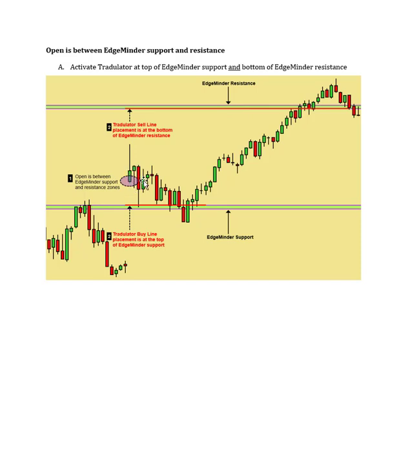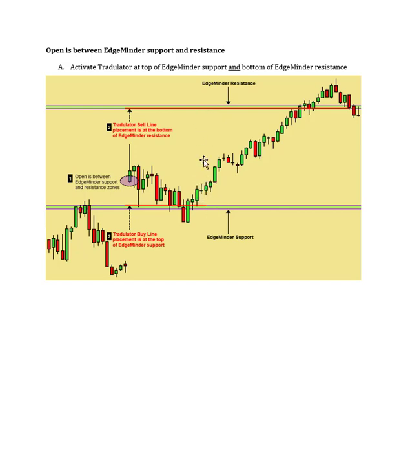In that case, you want to place your buy line at the top edge of EdgeMinder's support, and then enable Tradulator with the long button. And then you also want to immediately go and place in either order, the sell line or the buy line first, but immediately following that, place the other.